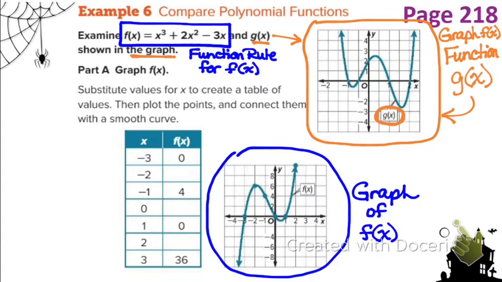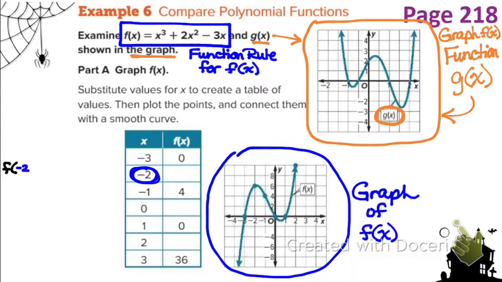They didn't fill in for f of x equals 0, or for x equals 0. And they didn't fill in for what else? 2. So in your yellow calculators, we're going to take that function rule for f of x, and we're going to substitute in these numbers.